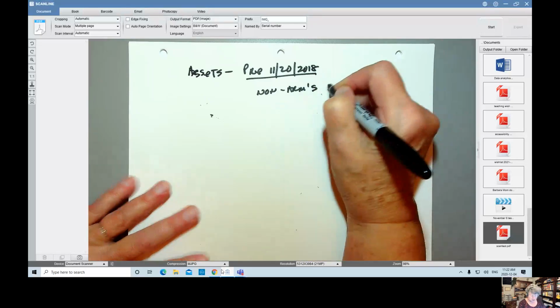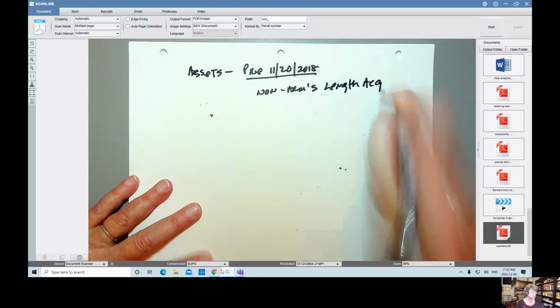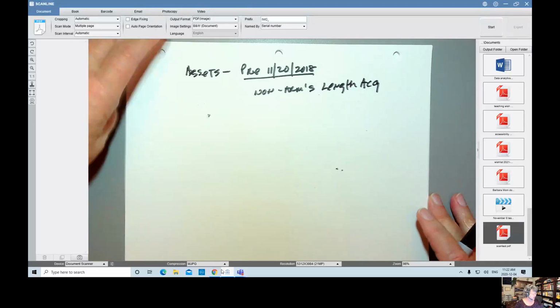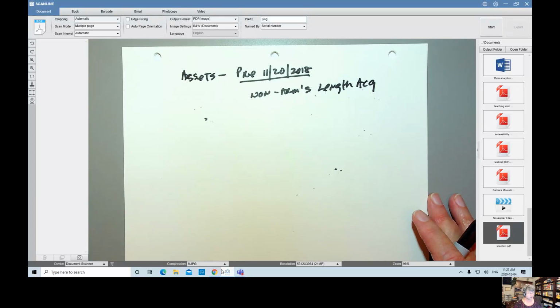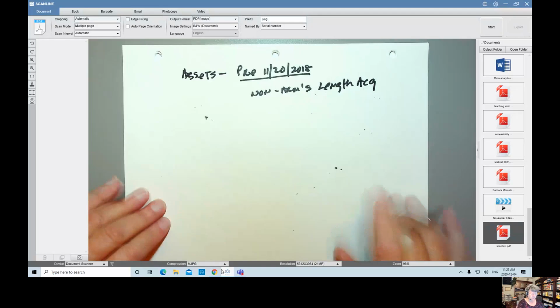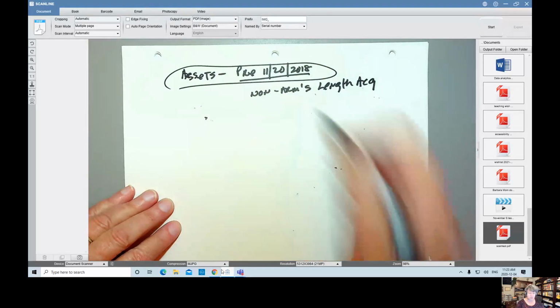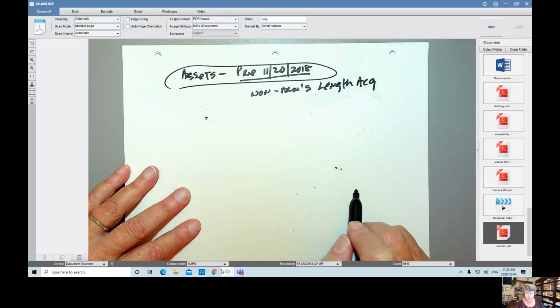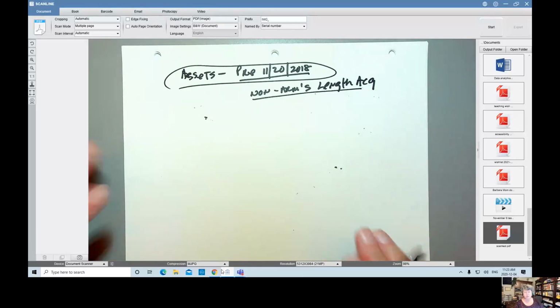So one company sells a fixed asset to another company that is not at arm's length. So there are certain situations where the specific details may be different. The process is the same. The basics of the calculation are the same, but be aware that if you've got an asset that was originally purchased prior to November 20th, 2018, and you're dealing with something like non-arm's length or something that looks unusual to you, you might want to check it.